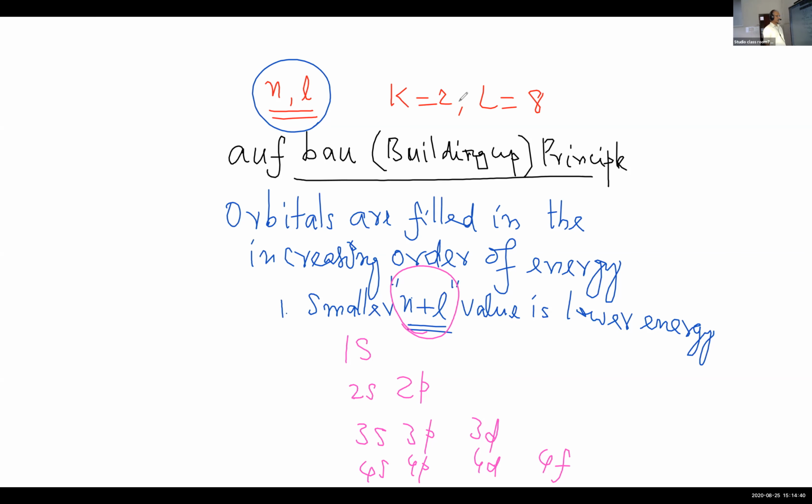And 5s, 5p, 5d, 5f, 5g. These are the various orbitals possible in the various shells or orbits.